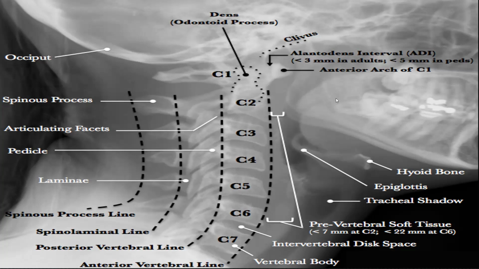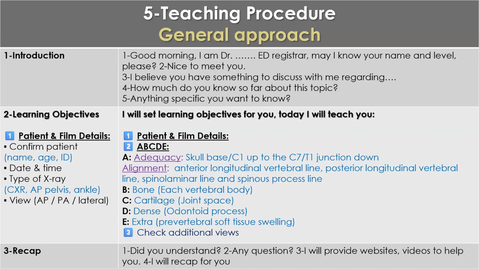It is smooth, no disruption. The lines are smooth. There is no disruption, no change in space. If there is any alignment disruption, what does it mean? That means there is any abnormality, any fracture.